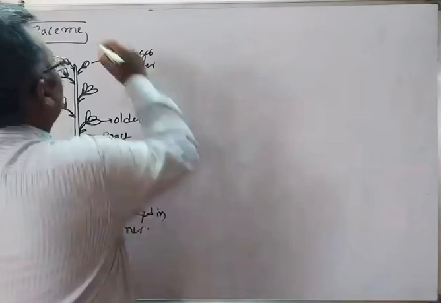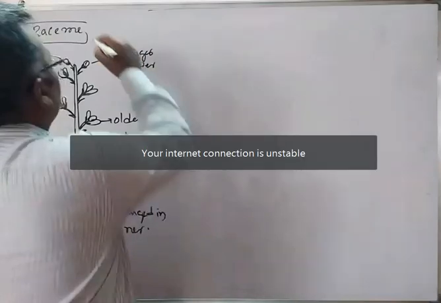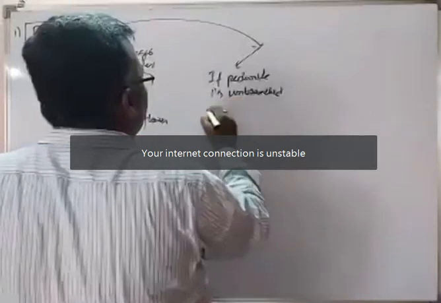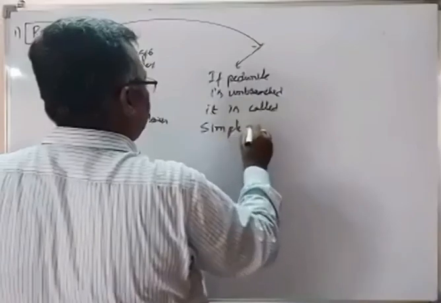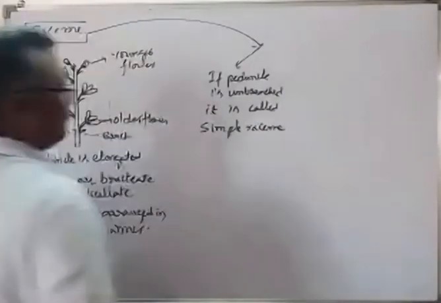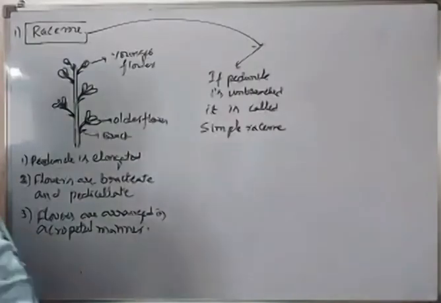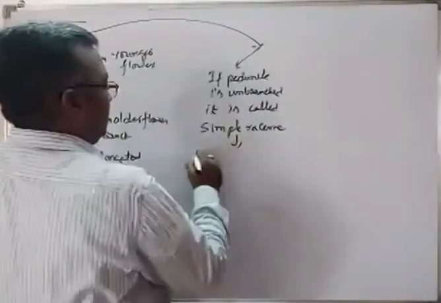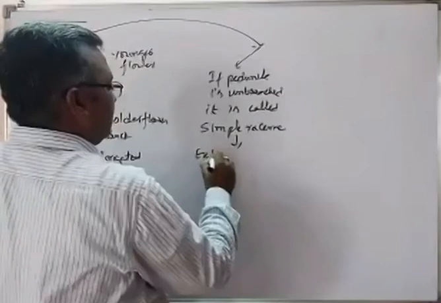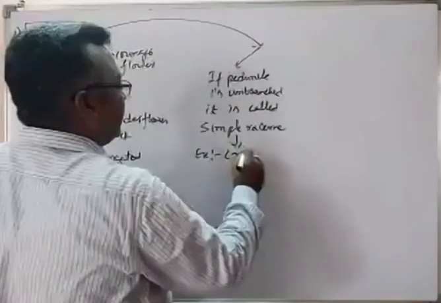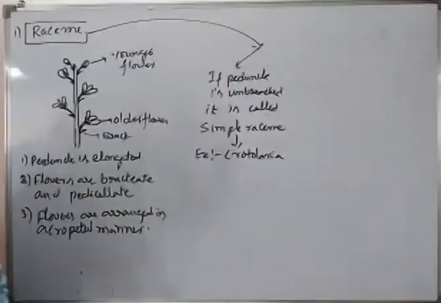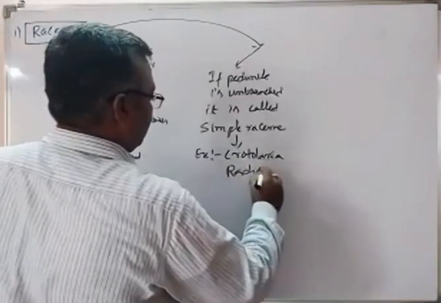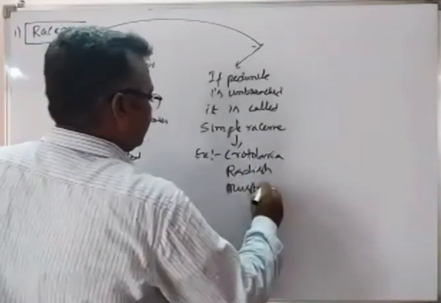If the peduncle is unbranched, it is called simple raceme. Examples: Crotalaria, radish, mustard. These are all examples.